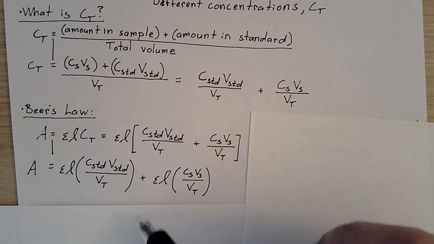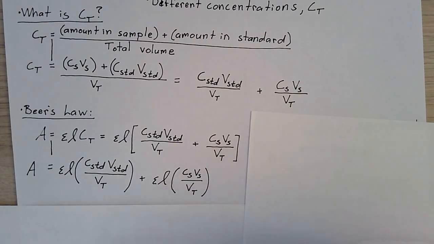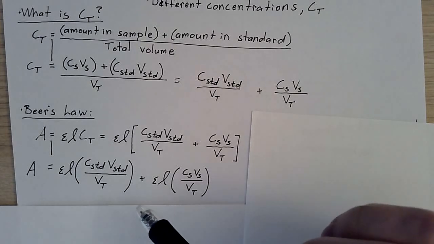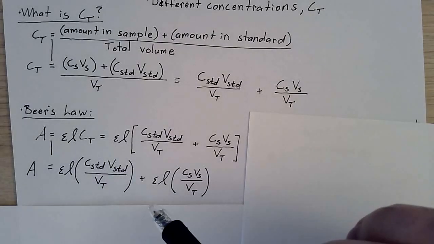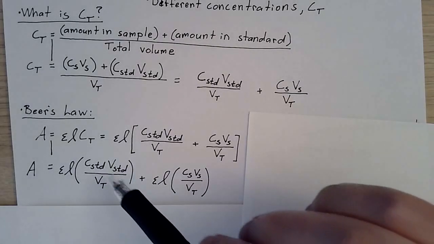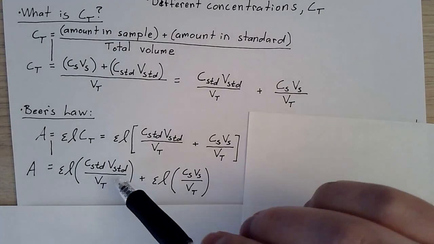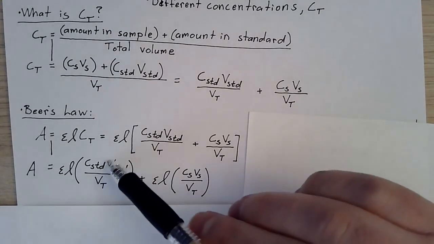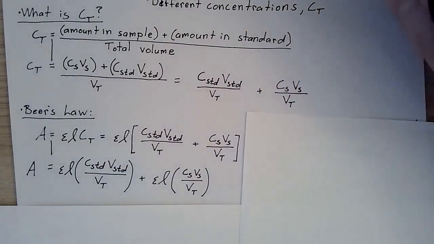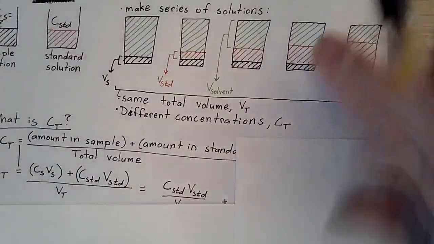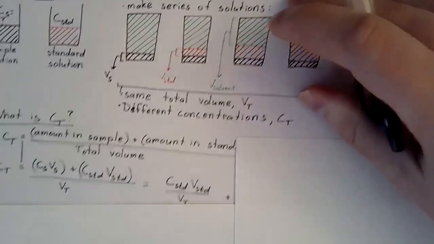So just like how we plotted absorbance versus concentration before when we had calibration standards, we again plot absorbance versus something. Now you have some options here in terms of what you plot it versus, but your options are going to be plotting it against something that includes the volume of the standard added to each one of those solutions. Okay? Each one of these.